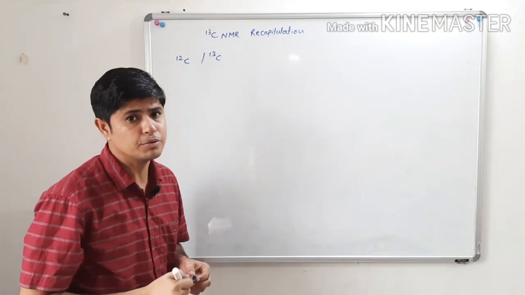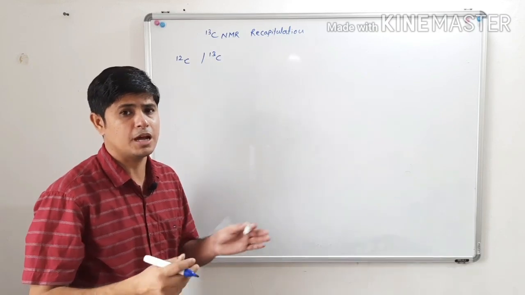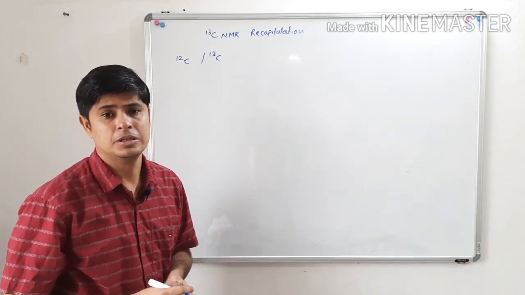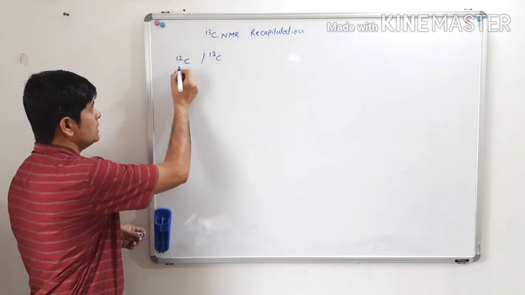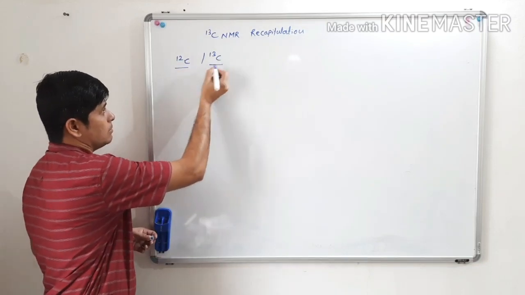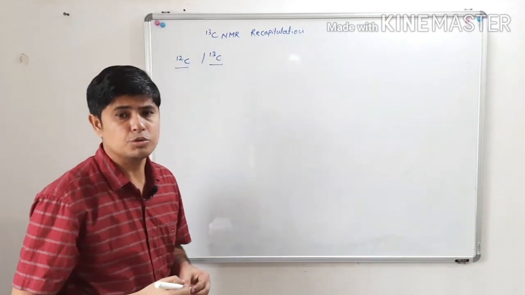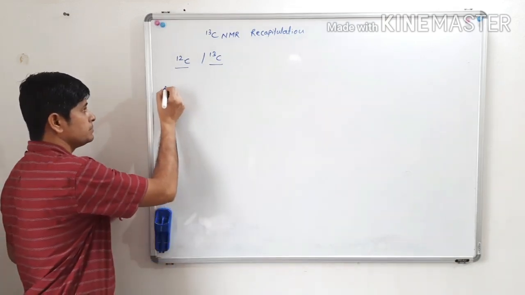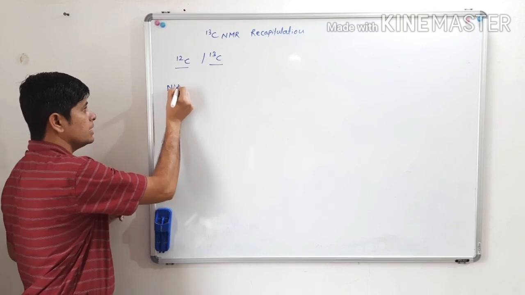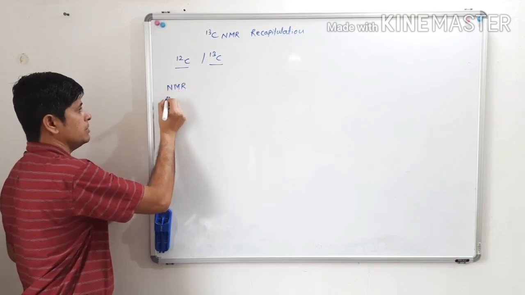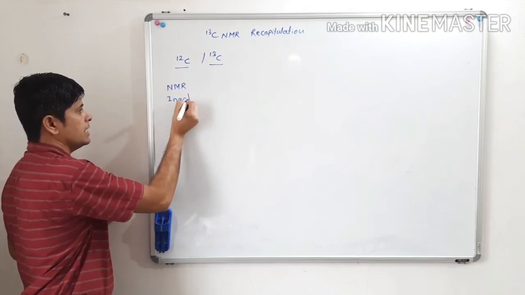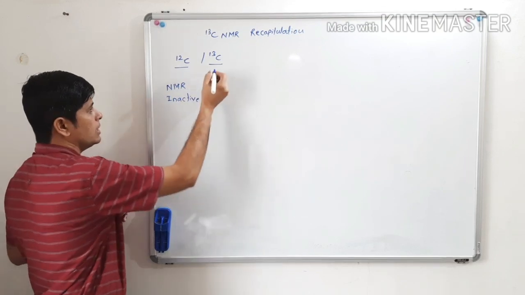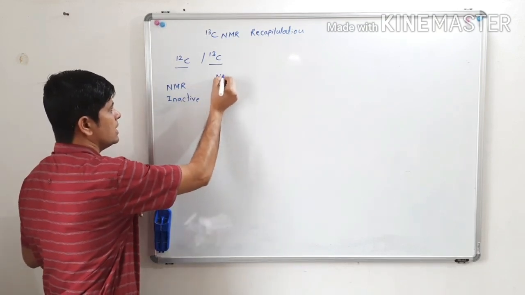There is also a carbon 14 isotope, but we are not interested in carbon 14. Carbon 12 is NMR inactive, while carbon 13 is NMR active.